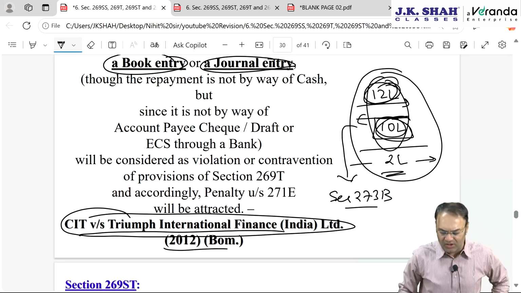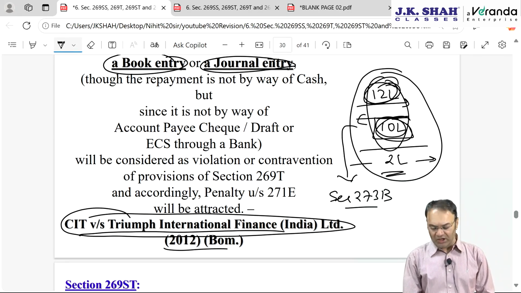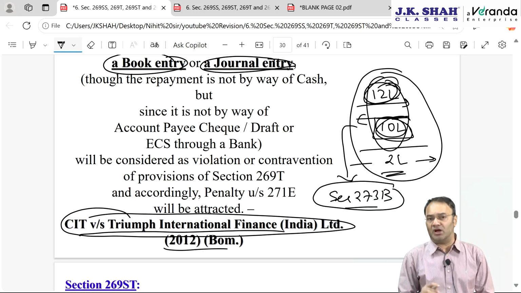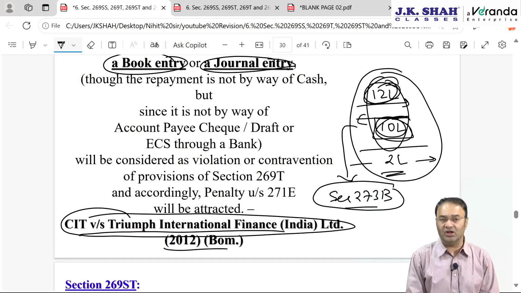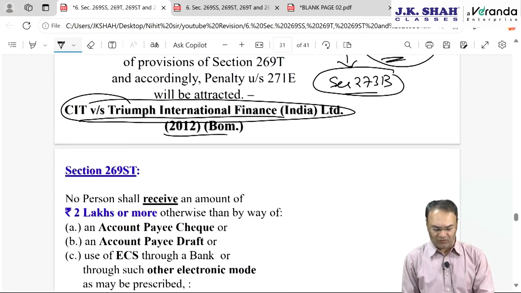However, the Bombay High Court gave an indication that right now we are deleting the penalty because such a matter has come up to us for the first time. However, next time onwards take care, this is a violation, because what is allowed is only account payee cheque, account payee draft, ECS and prescribed electronic mode. Book entry is not an exception, therefore violation.